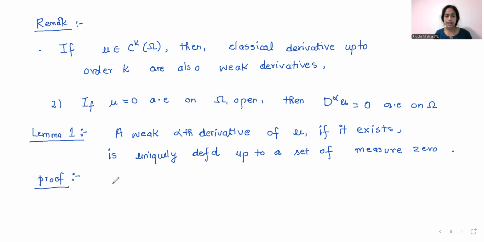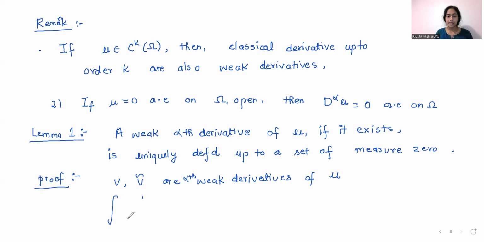Let v and v tilde be two different weak derivatives of u, alpha.